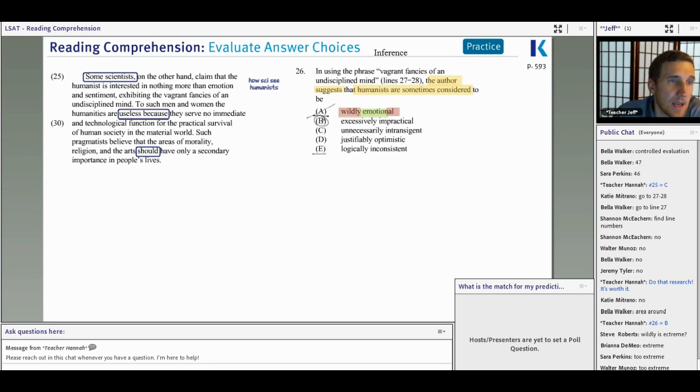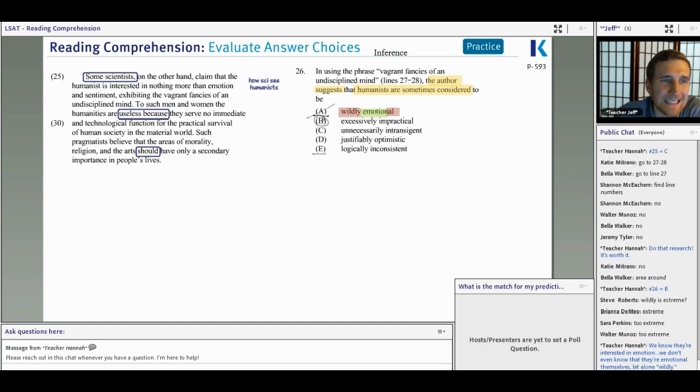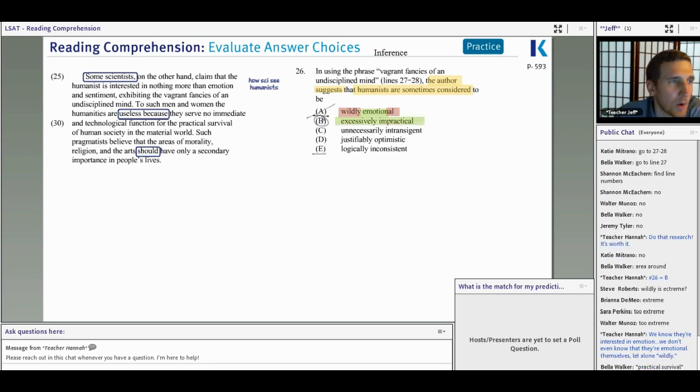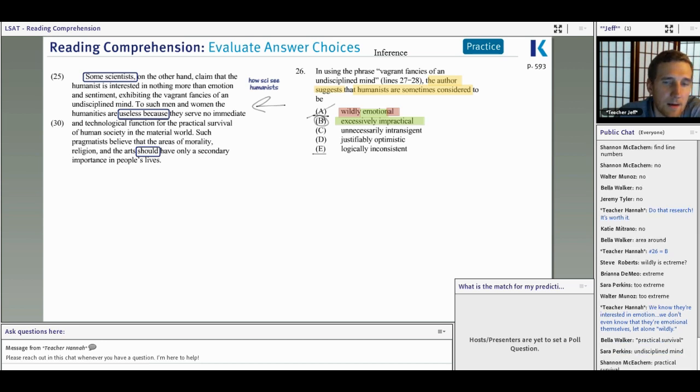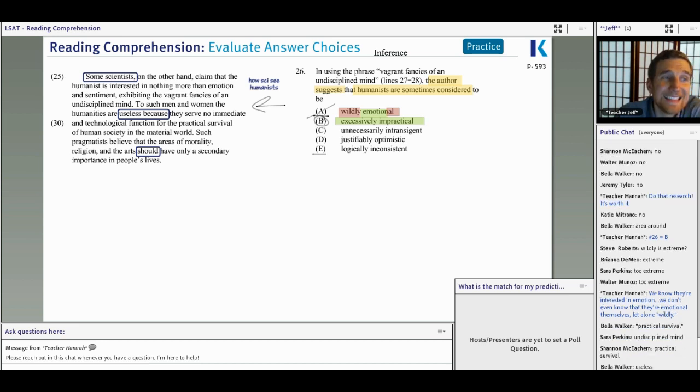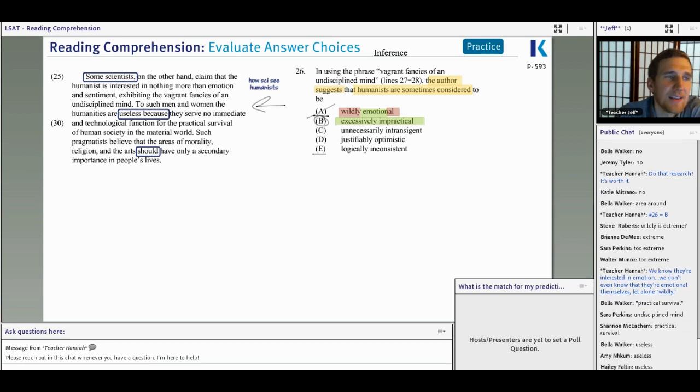Exactly. Now, what words match up from the paragraph with excessively impractical? What words can you see literally in the text that would go along with excessively impractical? Okay, a lot of you are focusing on the exact lines. Remember, we said it would be around. If you go just a little bit down, useless.